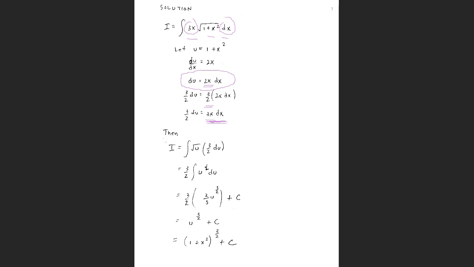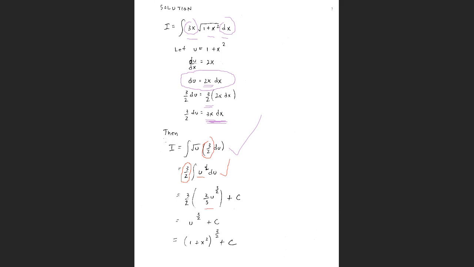Okay, so then we're here now. And of course, the 3/2 is a constant. Constants can be pulled out in front of the integral sign, which you learned in Calculus 1. And now I have the integral of u to the 1/2 du. The antiderivative of u to the 1/2 is equal to 2/3 times u to the 3/2.